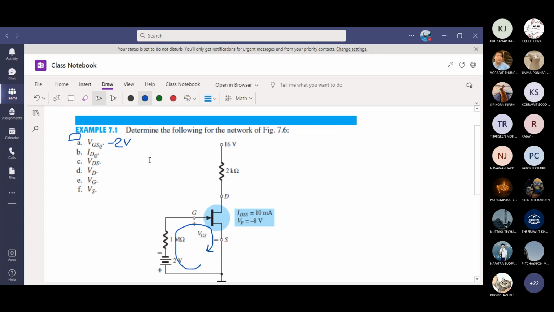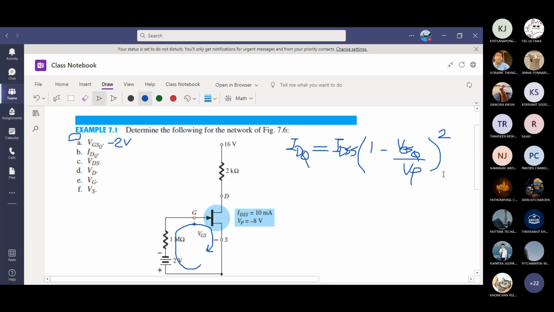And for part B, how will you find IDQ mathematically? IDQ is coming from the equation. It will be like this. IDSS times 1 minus VGSQ, the operating VGSQ, over VP, whole squared.